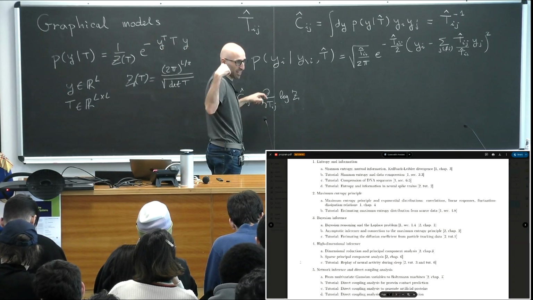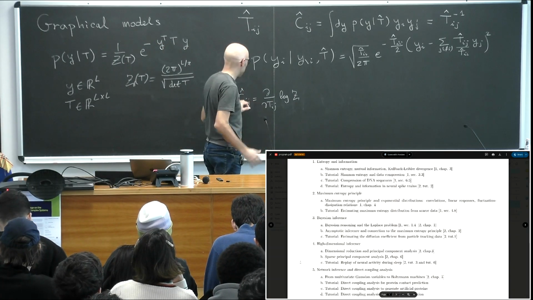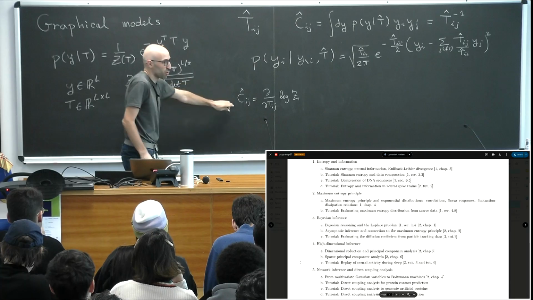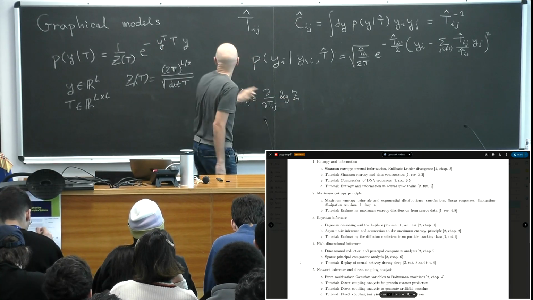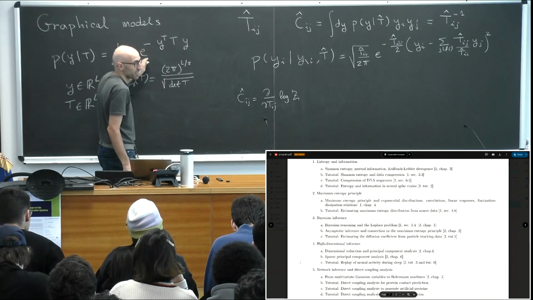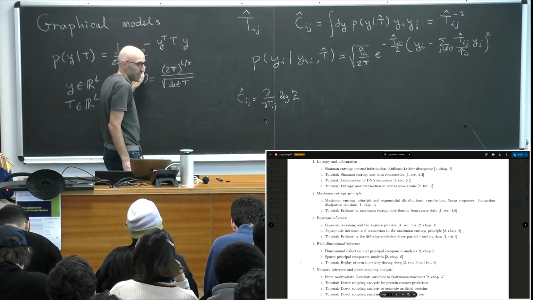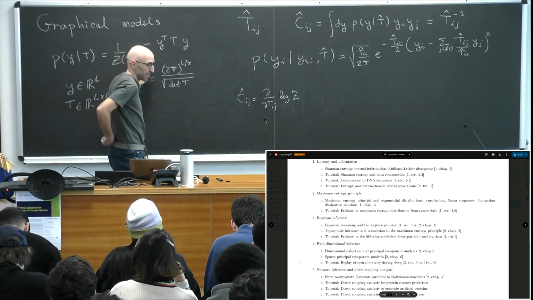which is the usual thing that we discussed when we did maximum entropy, right? So whenever you have an exponential distribution, you have this kind of thing, because this is basically 1 over z times the derivative of z, and z is the integral of this. So when you take the derivative, you bring down yi, yj, okay?